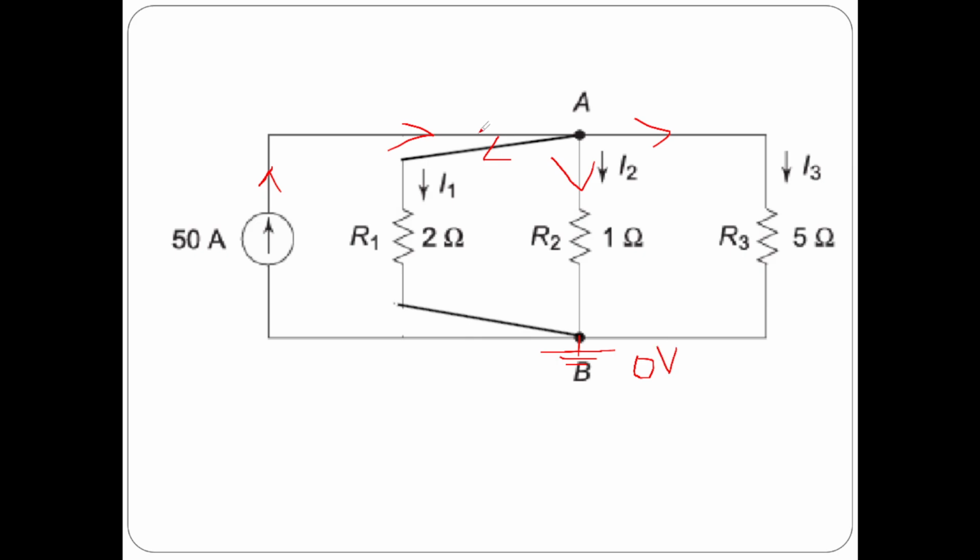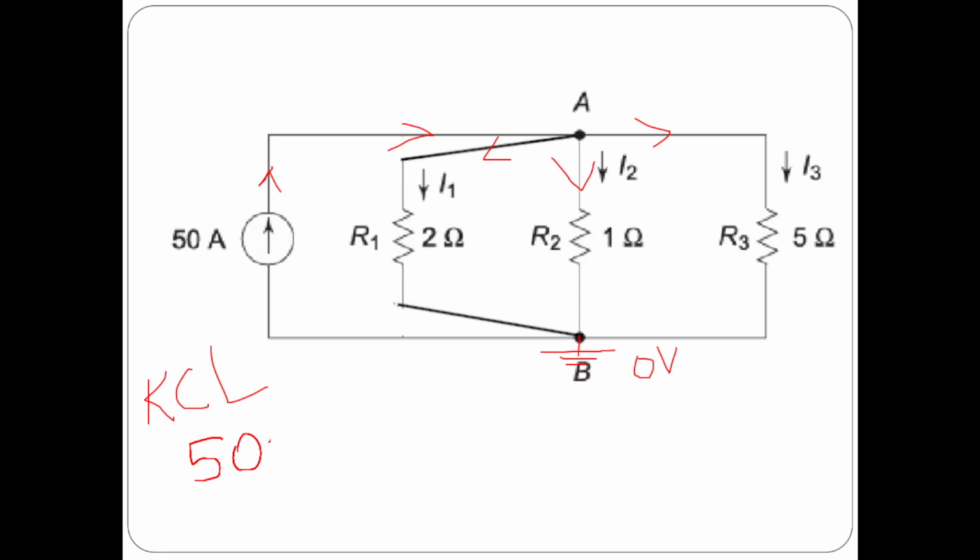So, according to Kirchhoff's current law, the algebraic sum of entering currents at a node, that is 50, must be equal to the algebraic sum of leaving currents at that particular node.